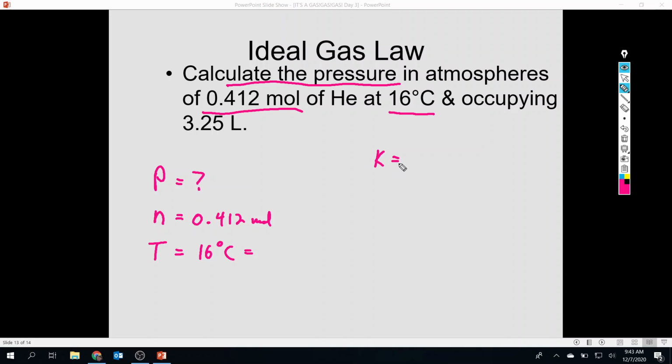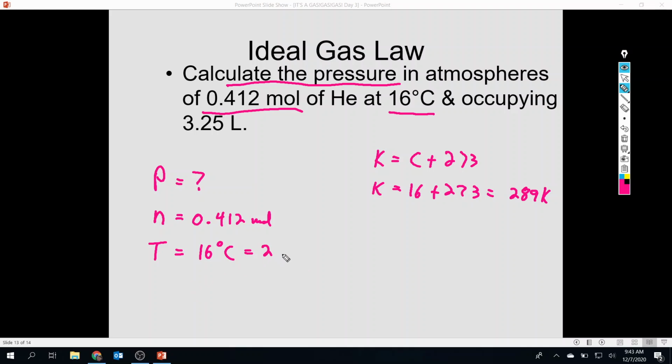Remember that Kelvin is equal to Celsius plus 273, so I'm going to take 16 and add 273, and if my math is good, then 16 plus 273, let's see, 289.